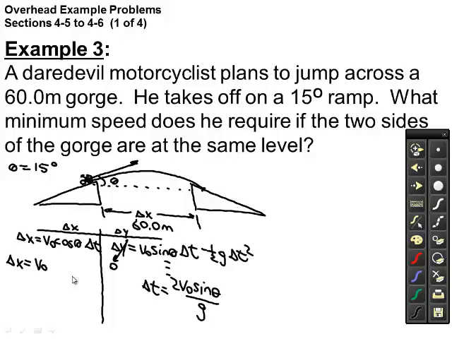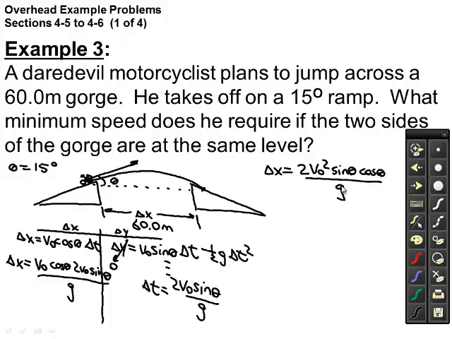All right. So I got v naught cosine theta times 2 v naught sine theta over g. And that's a mess if you've ever seen one. I'm going to continue up here. X equals 2 v naught squared sine theta cosine theta over g, just to clean it up a little.